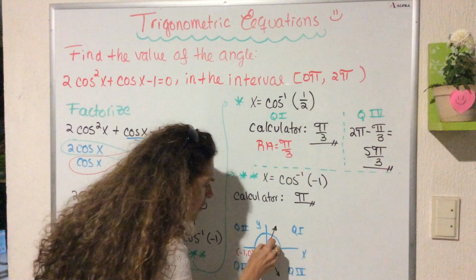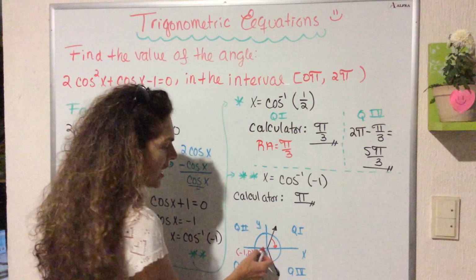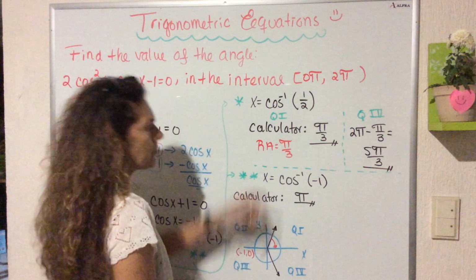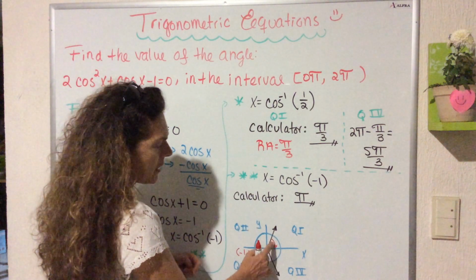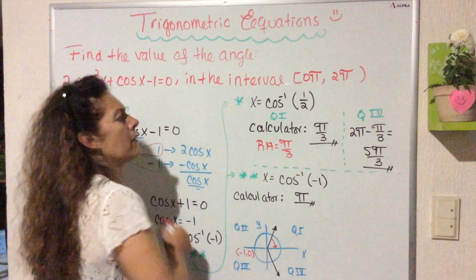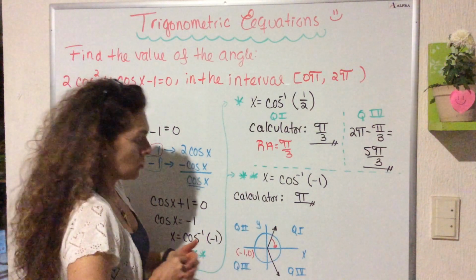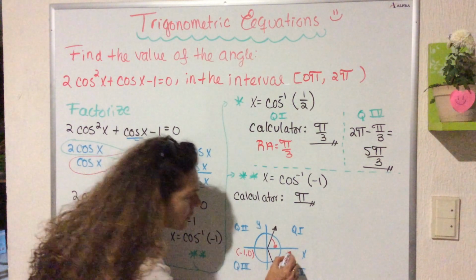So remember, the reference angle is the distance from the terminal side to the nearest part of the x-axis. In this case, this is the angle pi thirds, and the reference angle is also pi thirds. And how are we going to look for the answer in quadrant 4? We have here 2 pi.